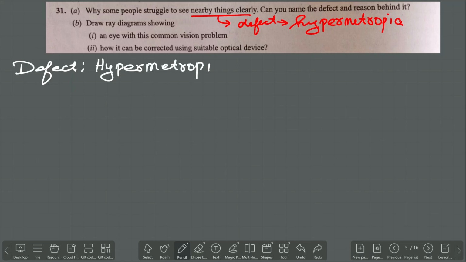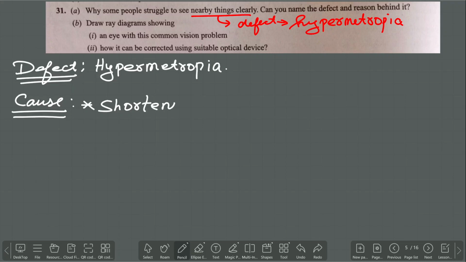Next, the reason. What is the reason behind it? Reason in the sense of why it is caused. We need to write the causes. So what are the causes of hypermetropia? The first one is shortening of the eyeball. Compared to the normal size, the eyeball becomes smaller.